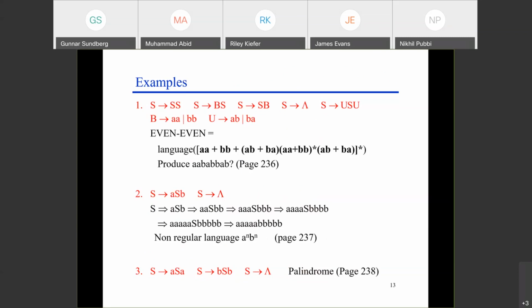S, B, and U, so we have 3 non-terminals. How many terminals? A and B, so we have 2 terminals. And how many start production rules do we have? 1, 2, 3, 4, 5, so 5 start production rules. This is another grammar, and you can see that it is more complicated.